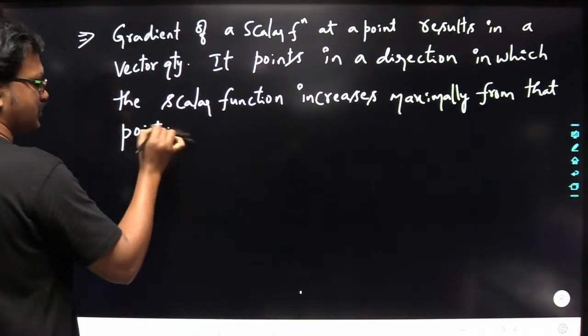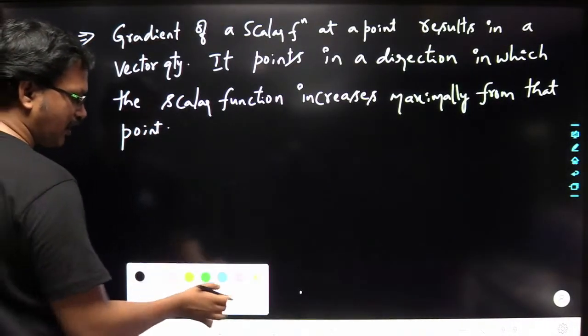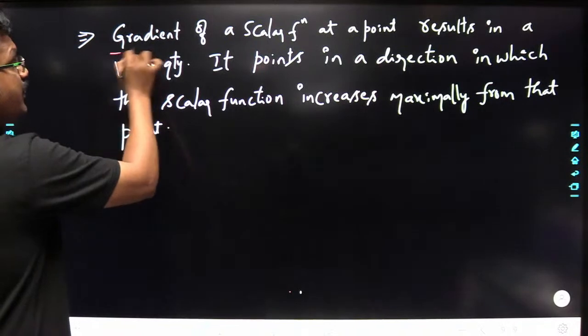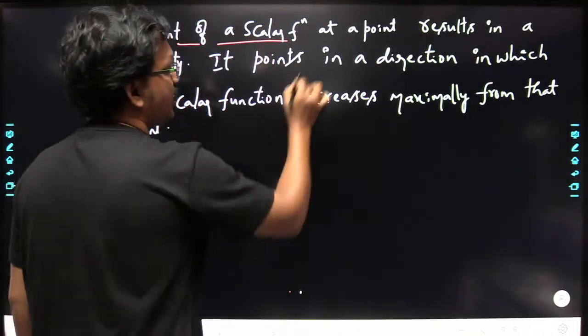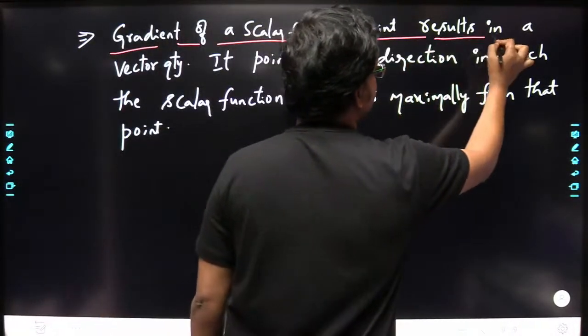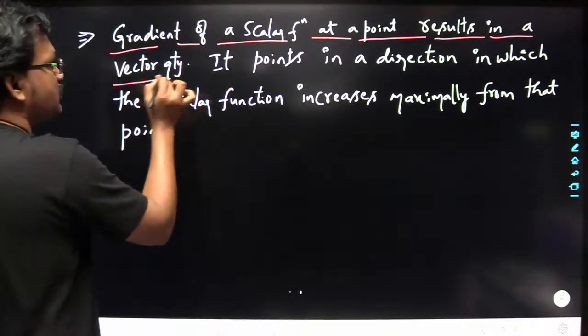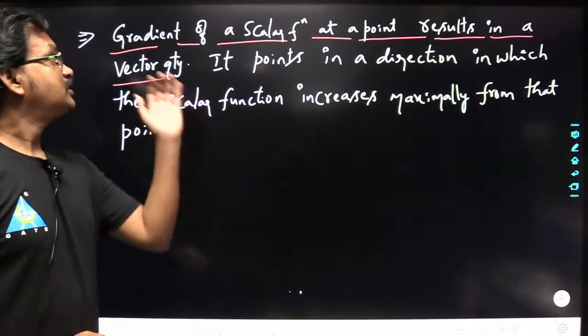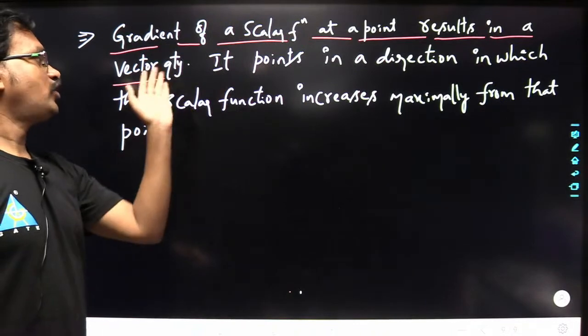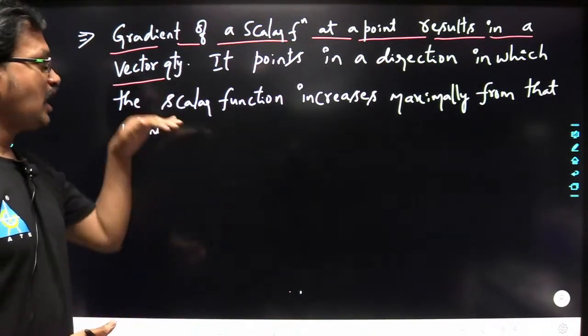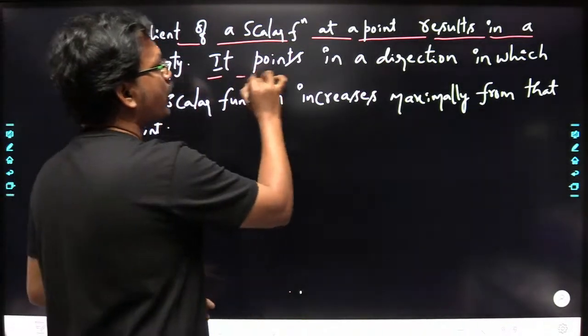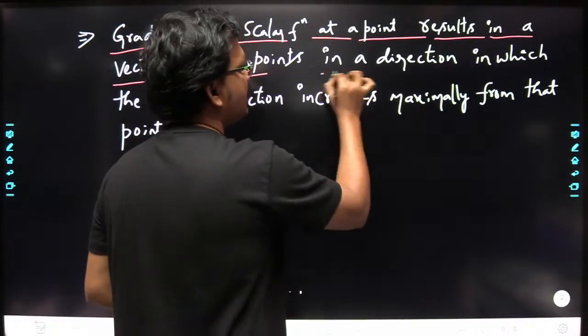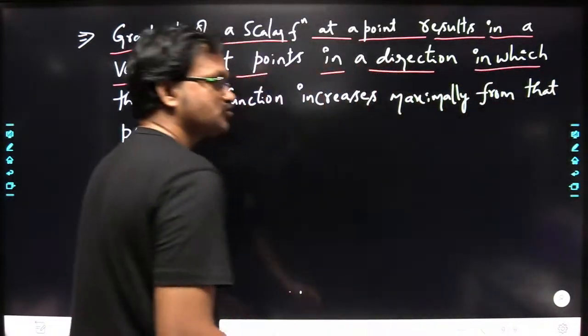I will explain this here. So what I have told here: gradient of a scalar function at a point results in a vector quantity.